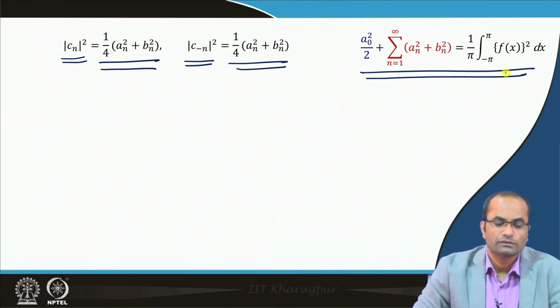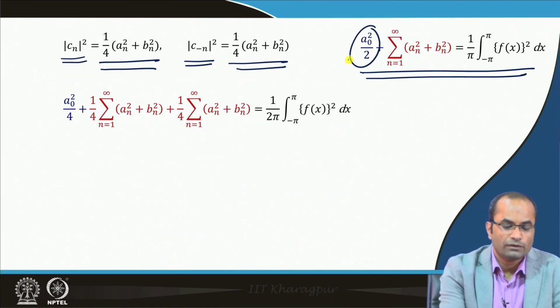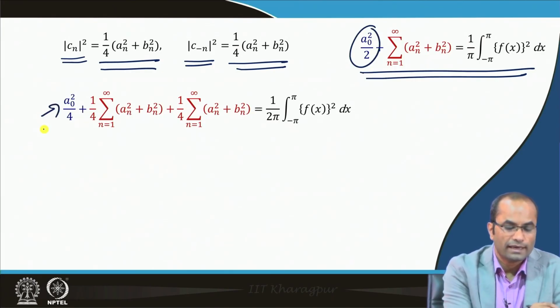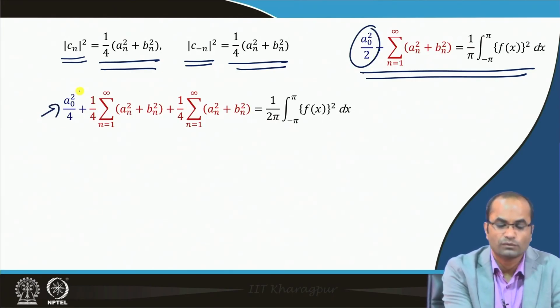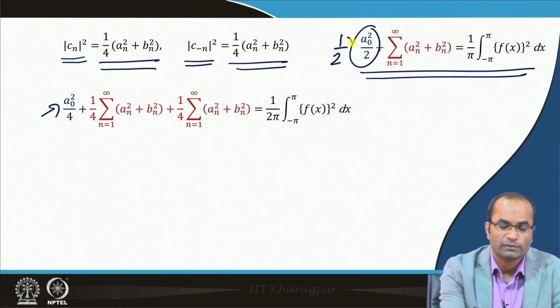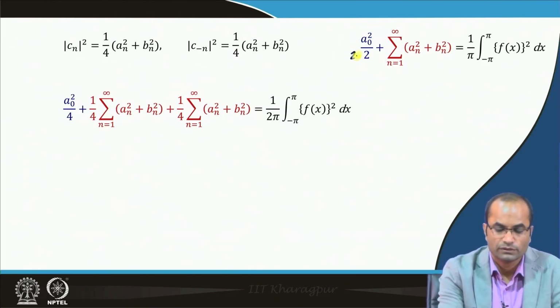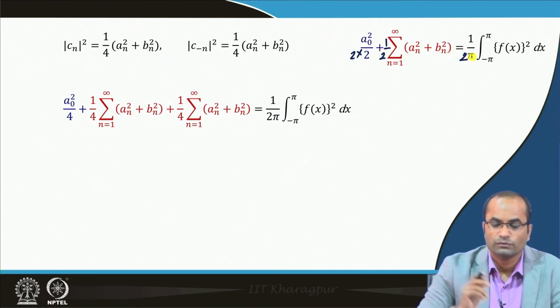So, now we can convert into the forms of C n's. The first term is A naught square by 4. So, we had multiplied by 1 by 2 to the whole series. So, here the 2 will come, then here 1 by 2, and then here also 2 pi.